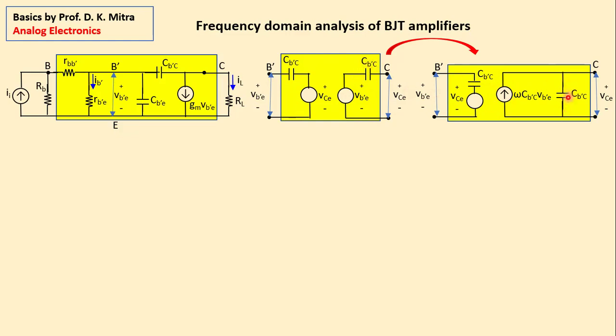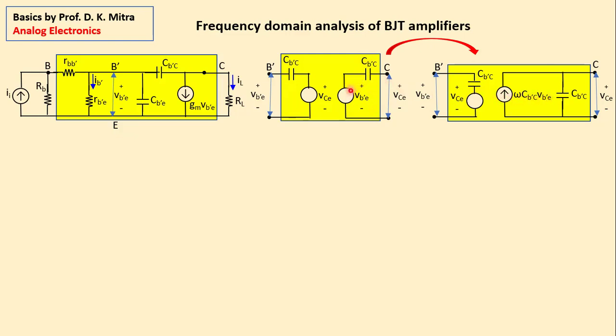The same CB'C. And what is the current? Now, what is the current through this? The current through this line is this voltage VBE divided by this impedance, and this impedance is 1 upon omega CB'C. So the current is VBE divided by 1 upon omega CB'C, which is equal to omega CB'C VBE.